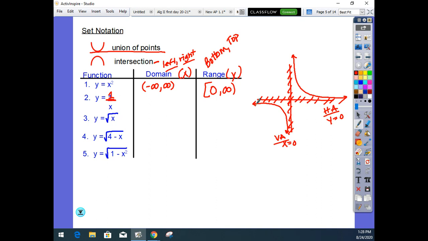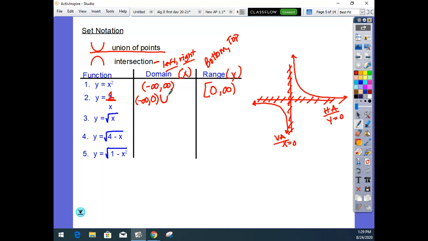Okay, so how far to the left does this graph go? Since there's an arrow, that's all the way to the left, negative infinity. Now, if I trace the graph, how far to the right? Notice it doesn't include 0. So it goes up to 0, but does not include it, so I use a parenthesis. Here's where I'm going to come up to my union.